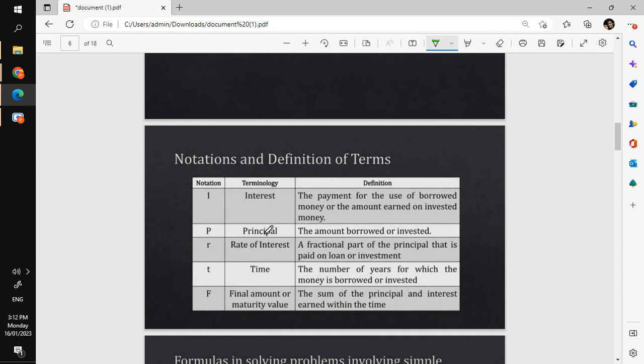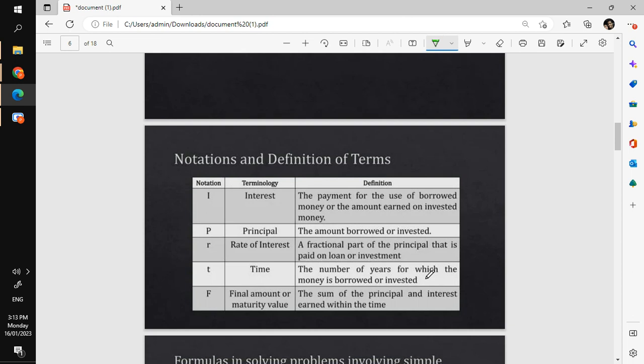P is the principal amount, or the amount that you have borrowed from your friend or from anyone, or the invested amount. R is the rate of interest, usually in the form of a percentage. This is a fractional part of the principal that is paid on a loan or investment. T denotes the time, or the number of years for which the money is borrowed or invested.